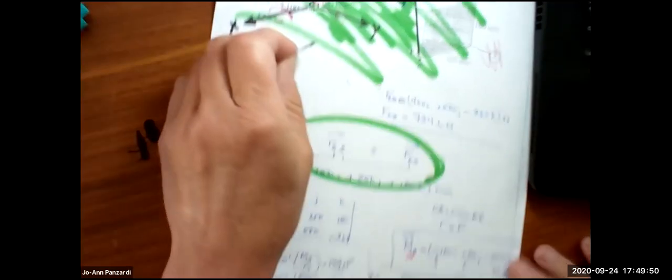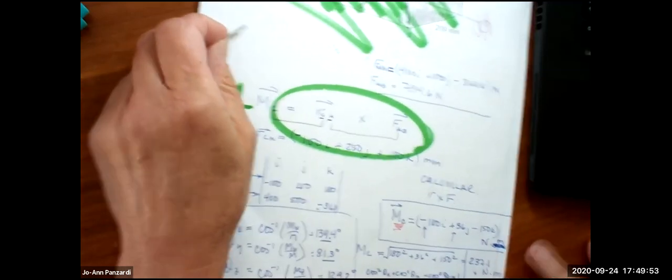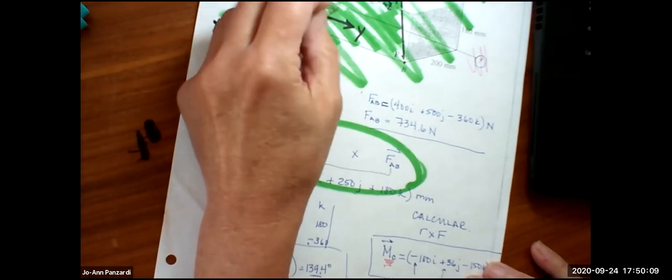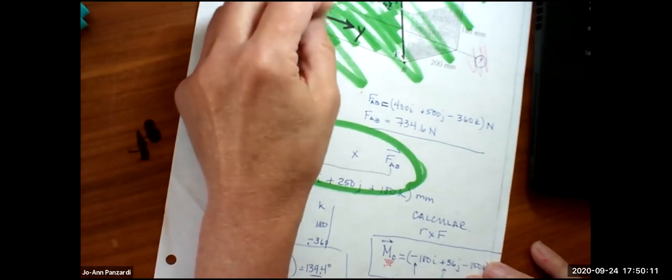The only problem with it, though, is we calculated 237 by absolute values of these. I have to think more about this. I don't know which way it's spinning. Is it spinning this way about the safety pin, or is it spinning the other way?